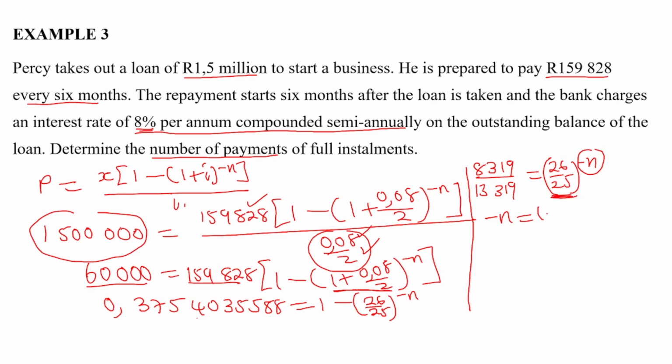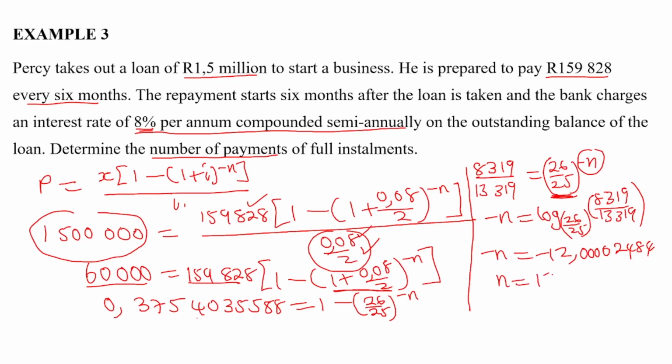This is the base, so it's log base 26 over 25, and then the argument 8319 over 13319. Then you can put this in the calculator. It's very simple. You get negative n is equal to negative 12.00002484. Round it off to the whole number. After dividing by negative 1, n is equal to 12.